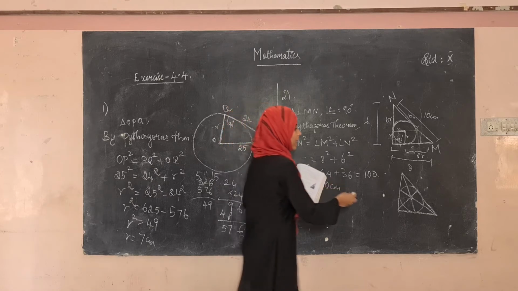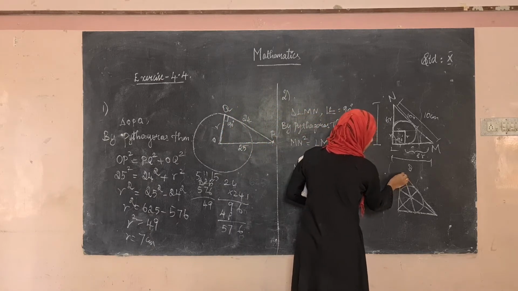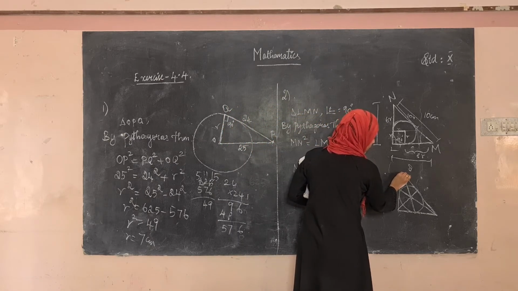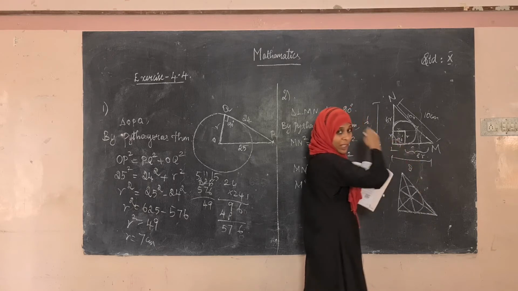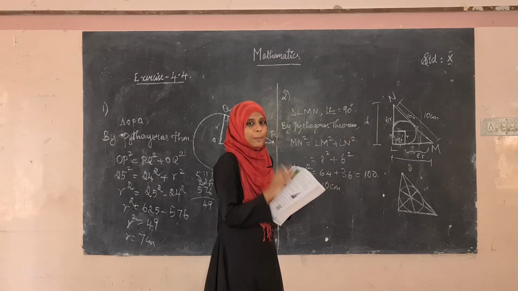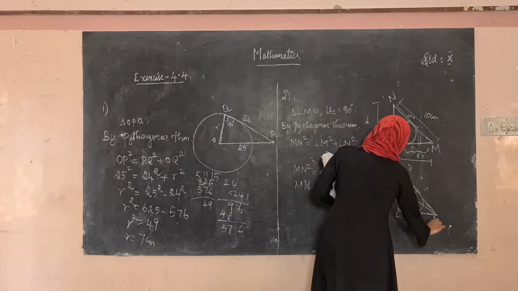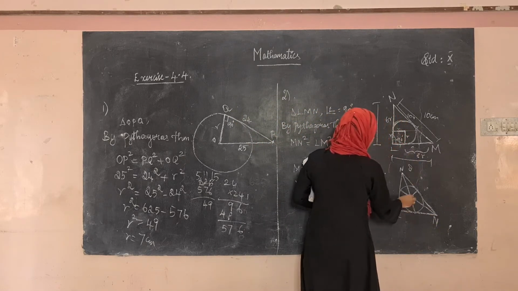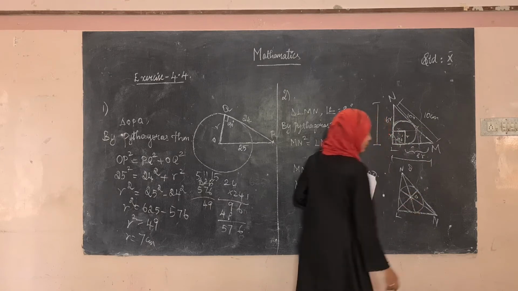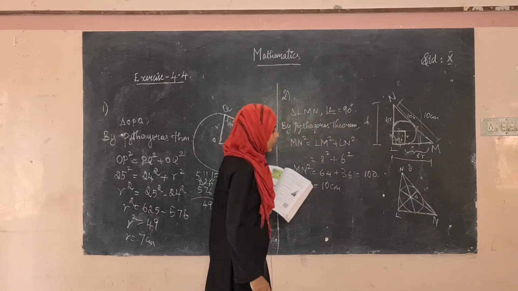If the line starts from here, it meets the opposite side at 90 degrees. So this is L, M, and N. Let the center point be O.